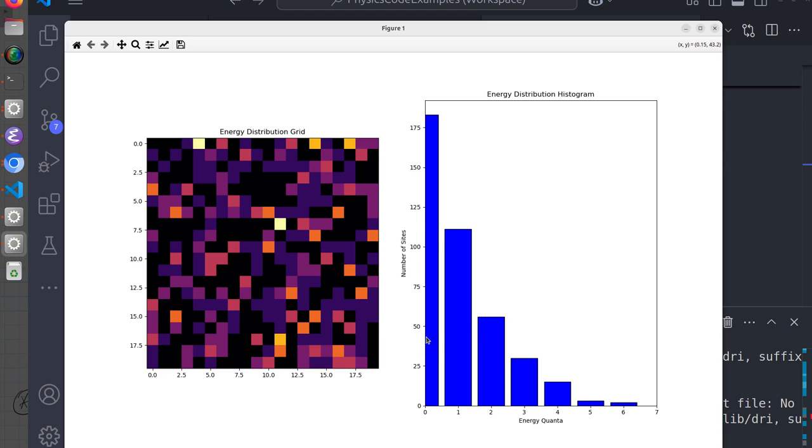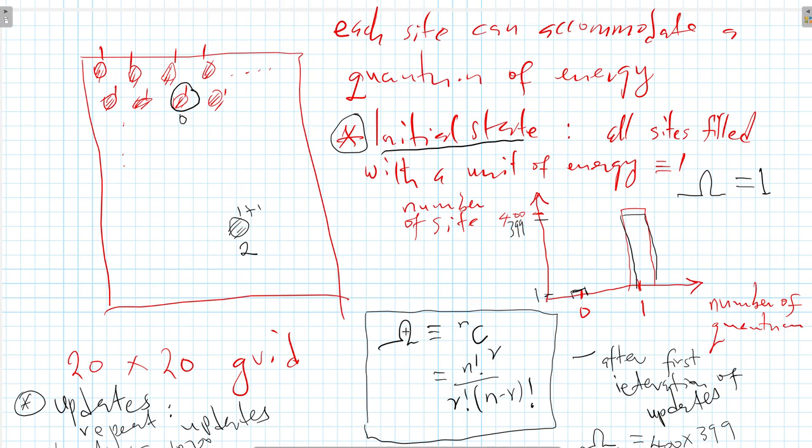I think it has finished, and one can see even by eye that this is an exponentially decaying kind of histogram feature. So you can see this is actually a Boltzmann distribution.